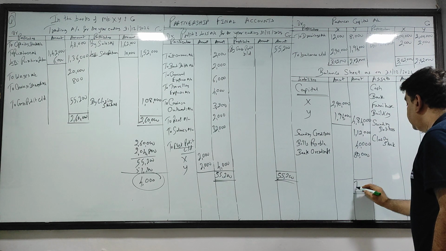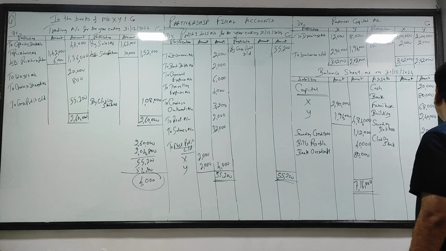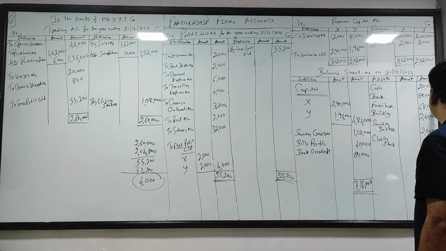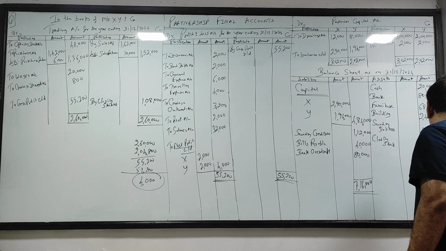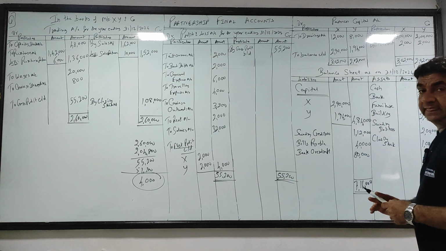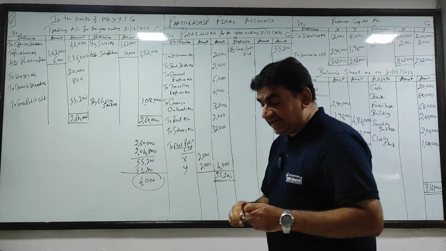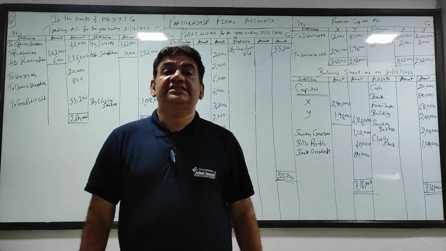Yeah. 7,16,000, 168 and 176, 1,168, 368, 408. Yeah, 7,16,000. So your balance sheet tallies at 7,16,000.